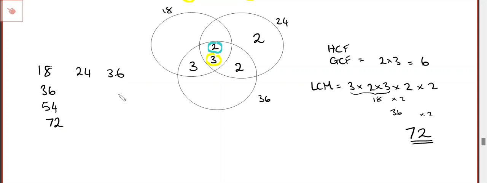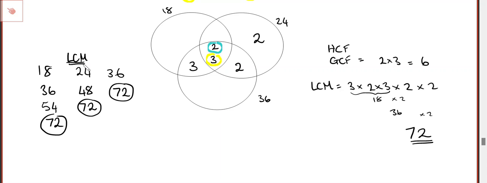Well, okay, I know 36 times 2 is 72, and the multiples of 24: 24, 48, 72. I can find it that way. That's quicker. That would also be the lowest common multiple. Up to you. Probably this list.